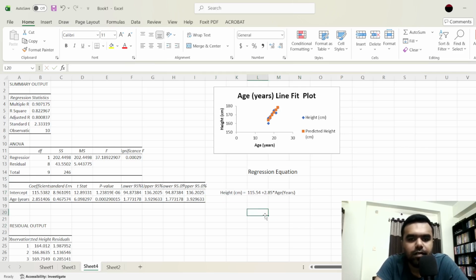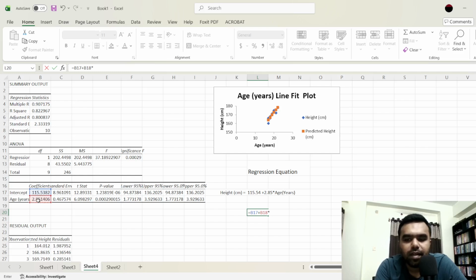So from this regression equation, we can write that if the height is this one, now the intercept coefficient plus 2.85 times the age.